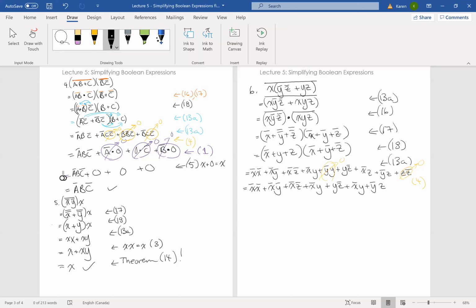And I'm going to then factor out x bar because I see that in a lot of the terms.